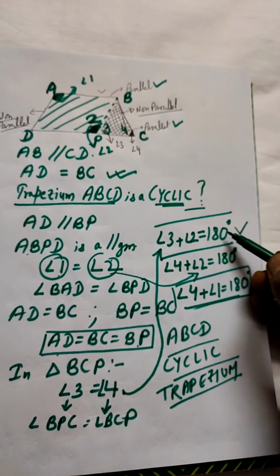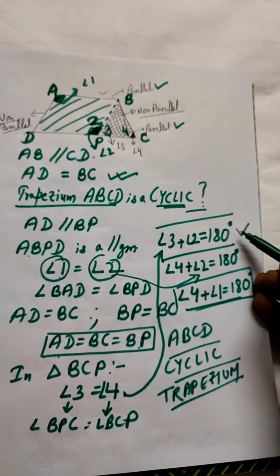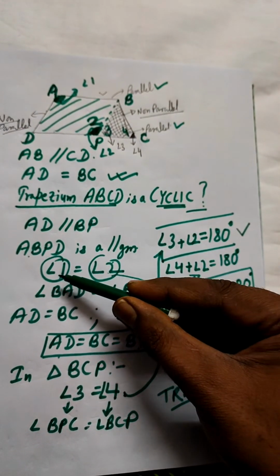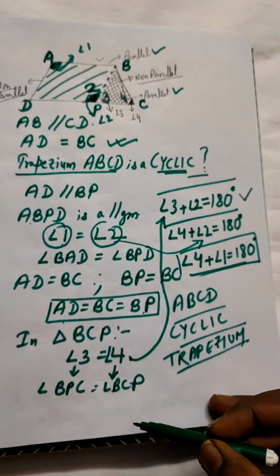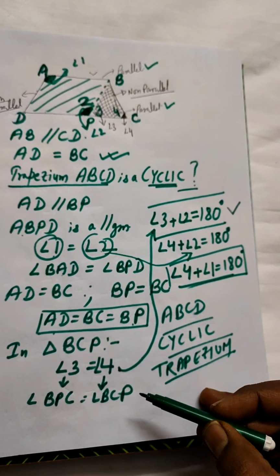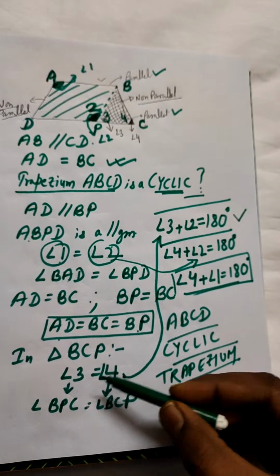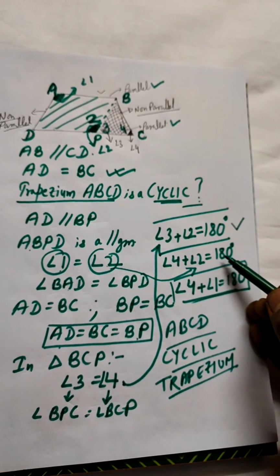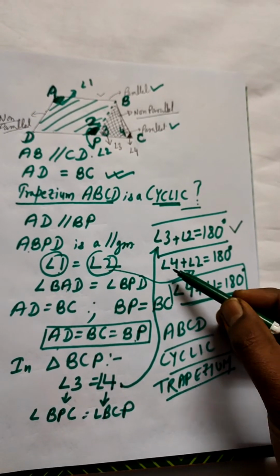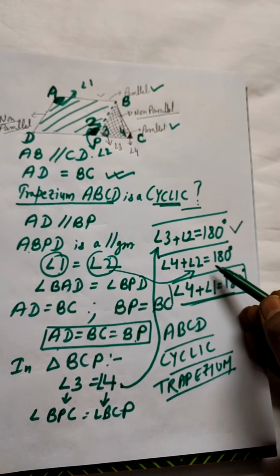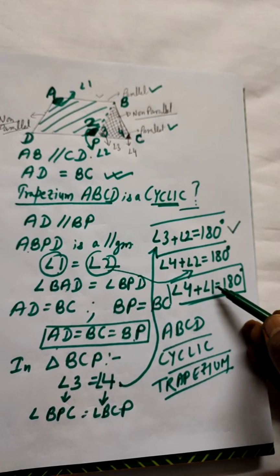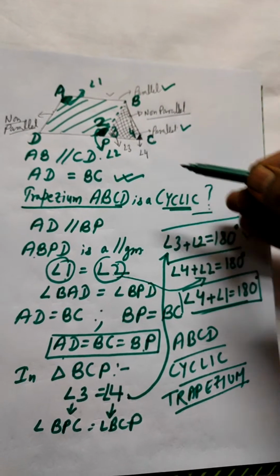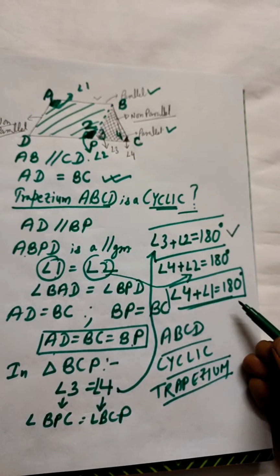Now just replace angle 2 with angle 1 and angle 3 with angle 4. It's very simple. So we can say that angle 2 plus 3 equals 180, or 1 plus 4 equals 180. If the sum of angle 1 and angle 4 is 180 degrees, we can say that this is cyclic.